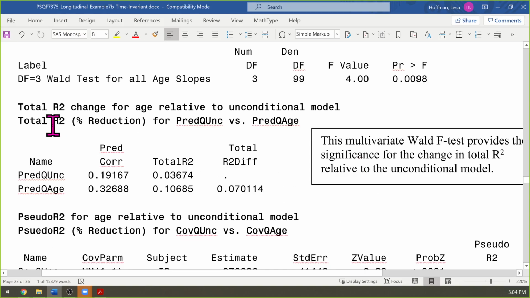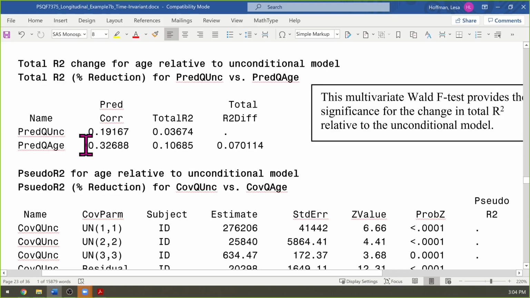So I have total r-square first. It looks like the correlation between the response time outcome predicted by time and age with the original outcome is 0.33. The square of that is this. So we've picked up another 7% of the variance or so by adding in these three effects of age. That's an overall estimate of the effect of age.